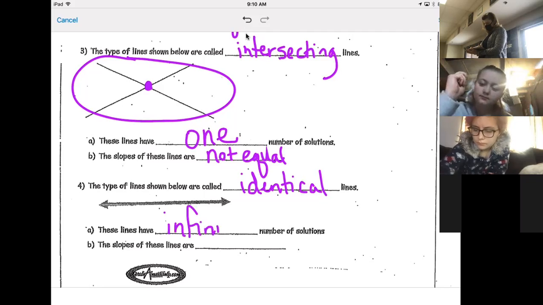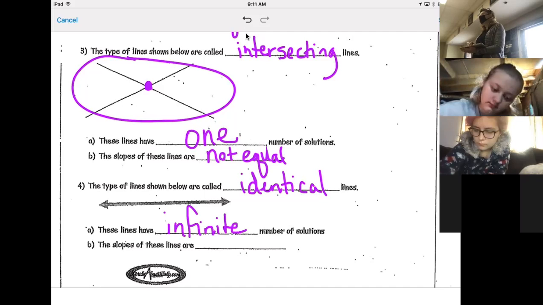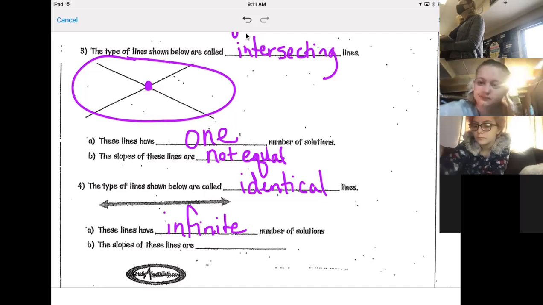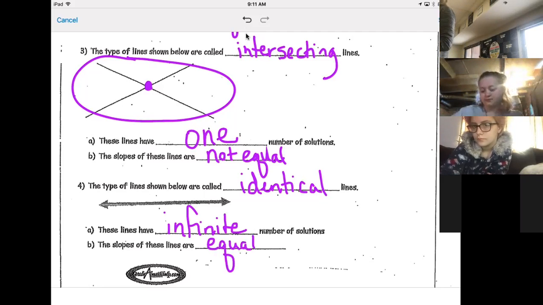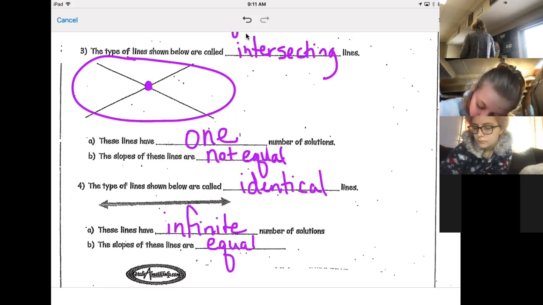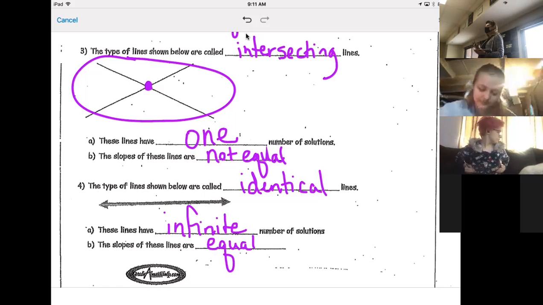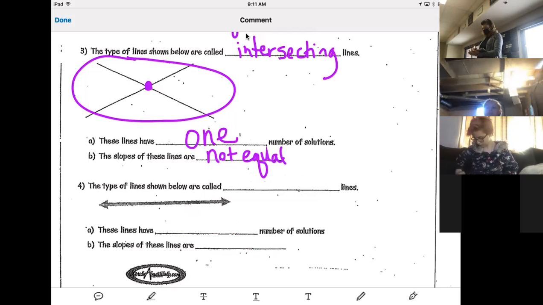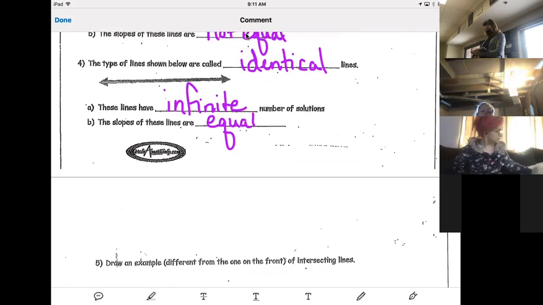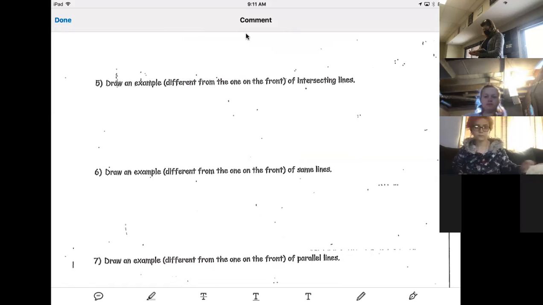They have an infinite number of solutions. And the slopes of these lines are also the same. Okay, so those are 3 types of systems that we're going to be talking about in the next couple of days.